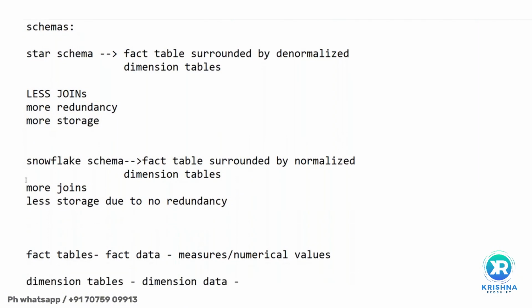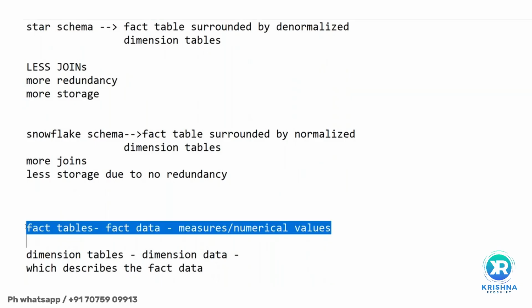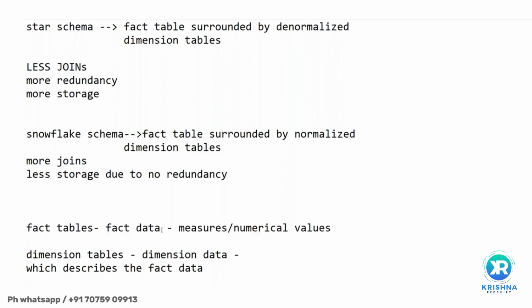I'm not asking Somnath because he has not worked on data warehousing and is not from a data warehousing background. We call it a fact table or fact data because this fact table will store only fact data. What is a fact table? The table which stores numerical values or measures is called a fact table.